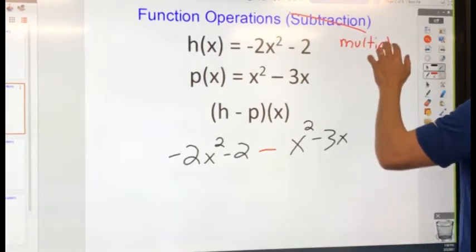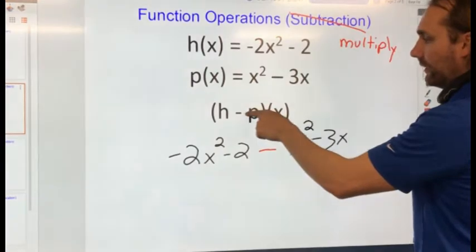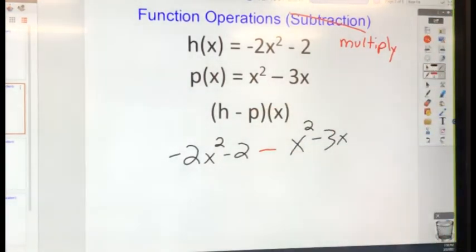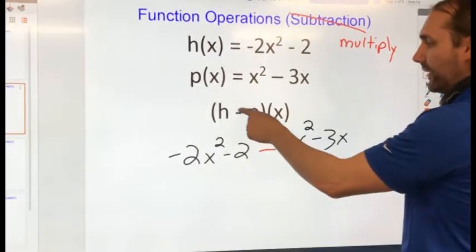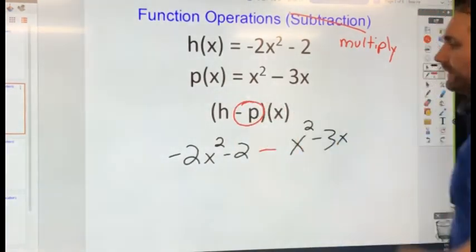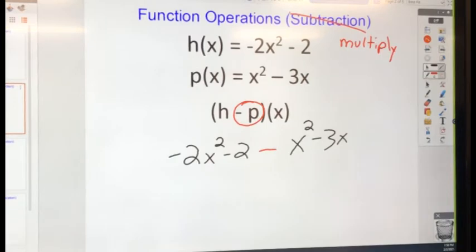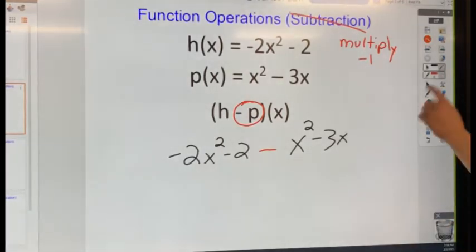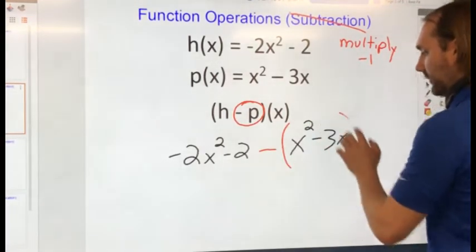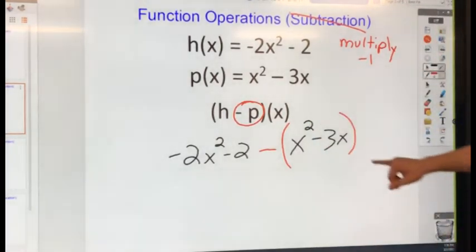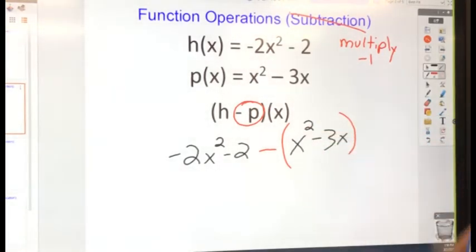And what do you think I am multiplying my function behind the subtraction sign by? I have h minus p, but what do you think I'm multiplying p by? A negative what? 1. So this is more so multiplying than it is subtraction, and it's multiplying by a negative 1. To do that, I need to put my function p in parentheses here, and I'll need to distribute this negative 1 across.